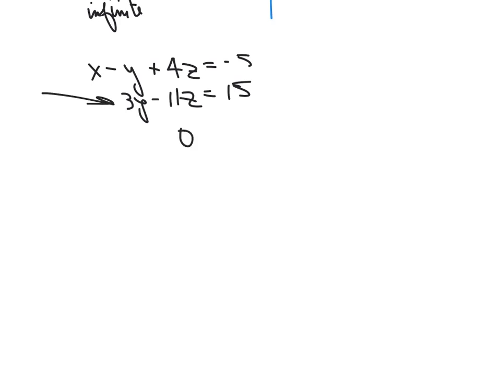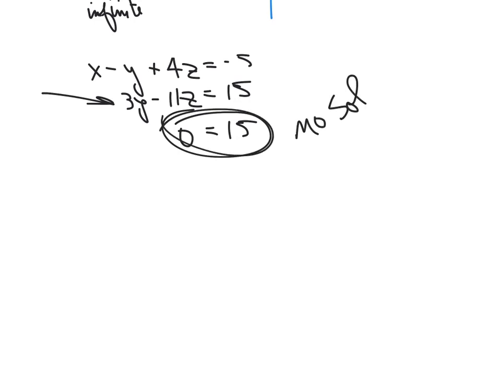But down here on the bottom, somehow you've got this. That's an untrue statement. So right there, you know you have no solution, so you're done. You don't have to worry about making that a 1 or doing anything. Your x, y, and z's disappeared on the bottom, and your answer here does not work. So you have no solution, and you just write no solution.